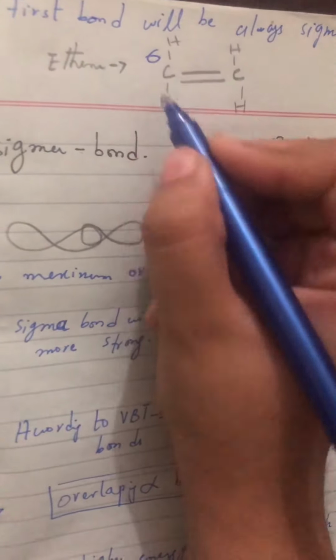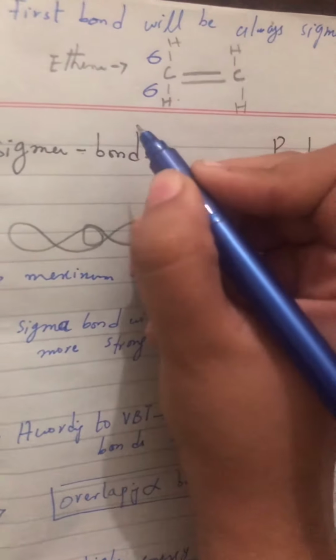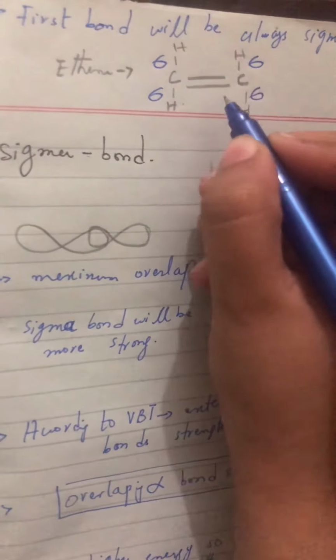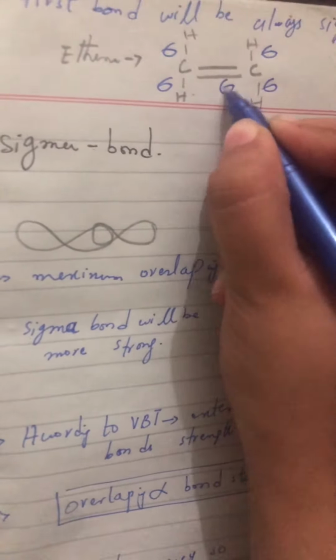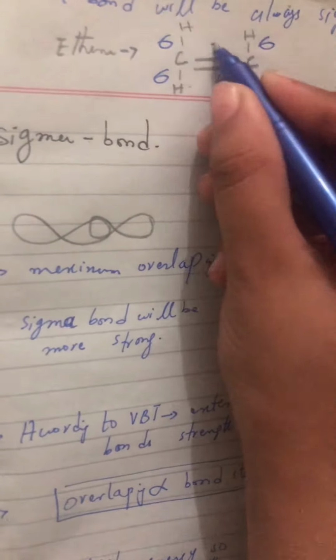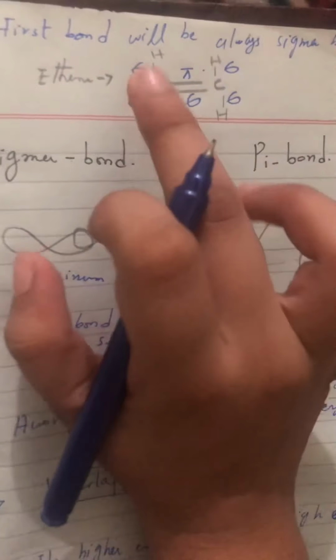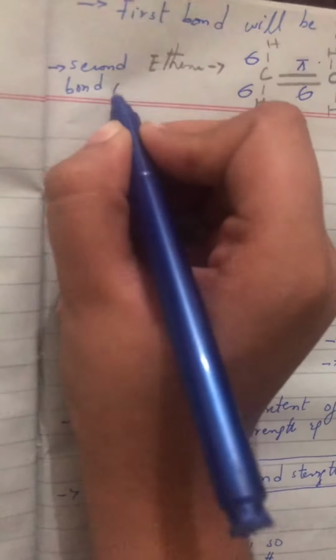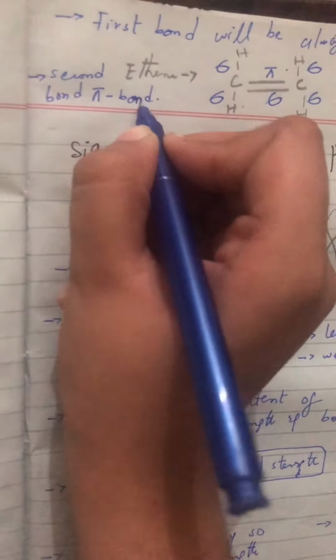Here the first bond will be the sigma bond, but the second bond will be the pi bond. Always the first bond will be the sigma bond, then the second bond is the pi bond.